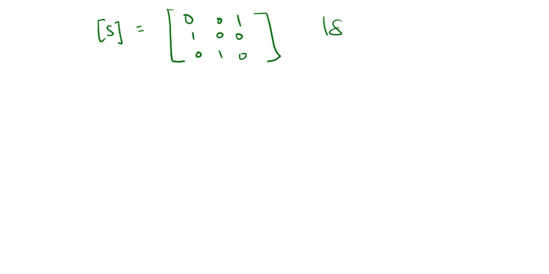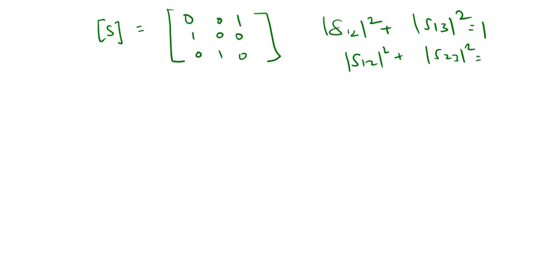So it is S12 square plus S13 square is equal to 1, S12 square plus S23 square is equal to 1, S13 square plus S23 square plus S33 square is equal to 1. So these three equations are also there.